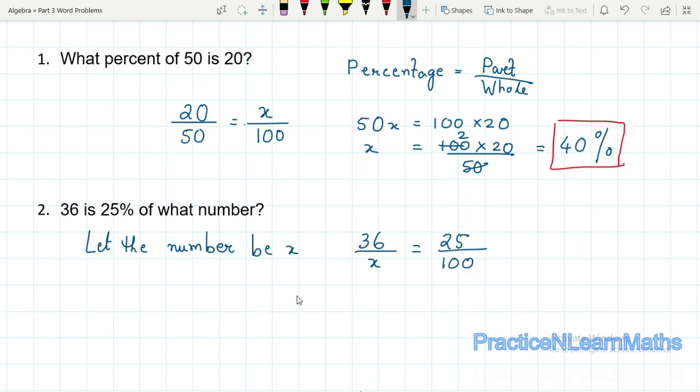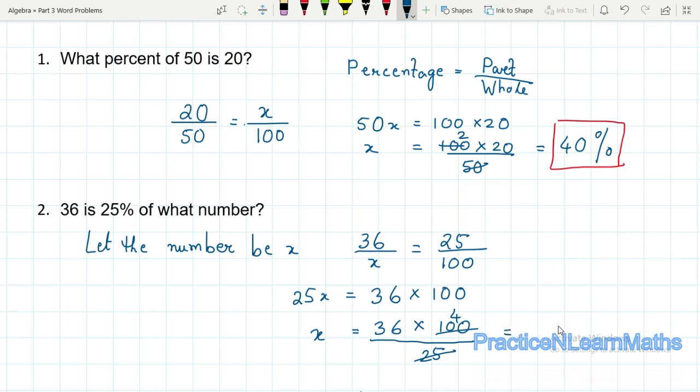Now again if we cross multiply, 25x is equal to 36 times 100. 25 will go 4 times.